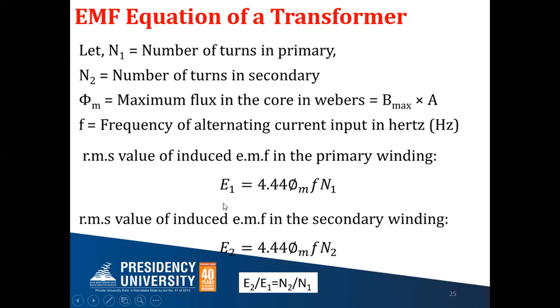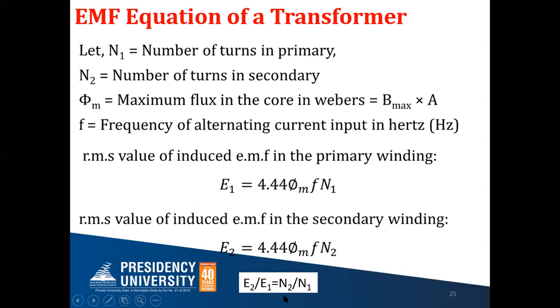So I'm just analyzing these two equations. I'm dividing the second by the first, so you will get E2 by E1. All the other things are constant. So E2 by E1 is equal to N2 by N1.